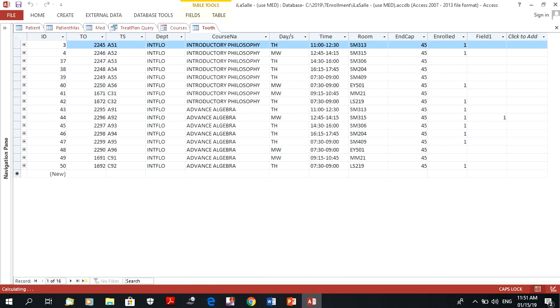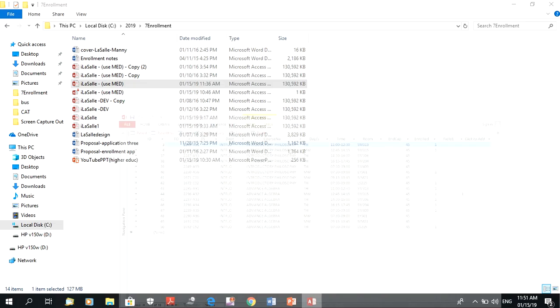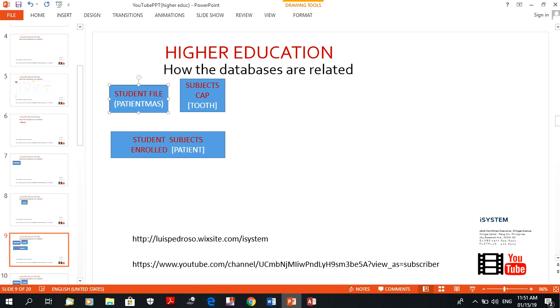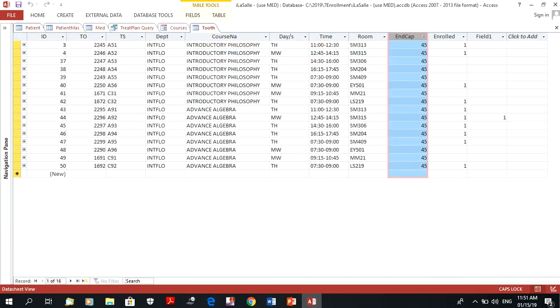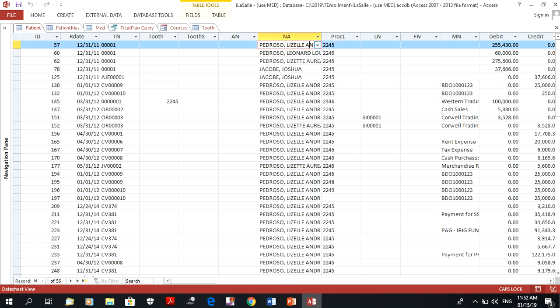So as you are encoding in this table, this is really how you encode the table. You are calling on these 2 tables, the student file for your student and the subjects with the cap. While you're here, you are calling on the student file and the subjects with the cap.